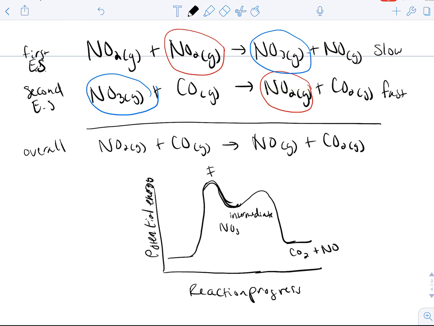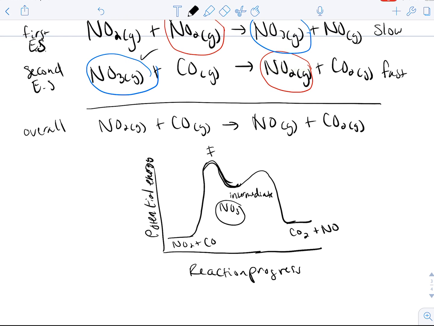So this is NO2 plus CO. And then, sorry, our intermediate is going to be this species right here. So an intermediate is a species that is created in one elementary step and then consumed in another. Okay? So the reaction progress diagram would look like this.